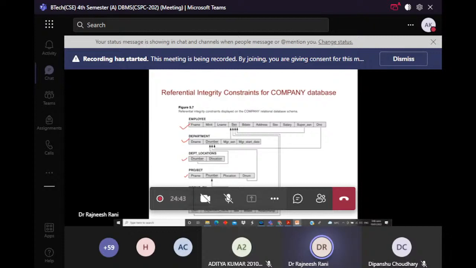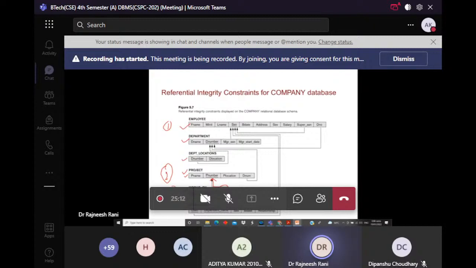Now you can see there are some arrows from one table to another table with a particular direction. Now see this project relation, this work zone relation, this employee relation. These 3 relations: employee, project and work zone.